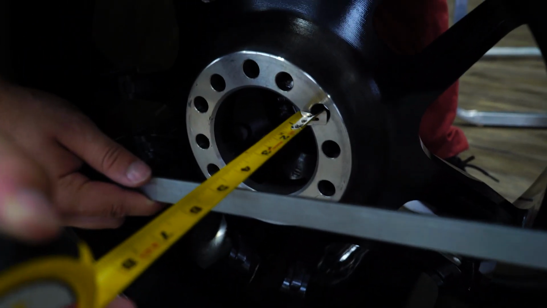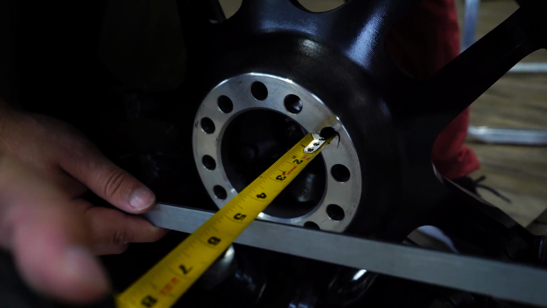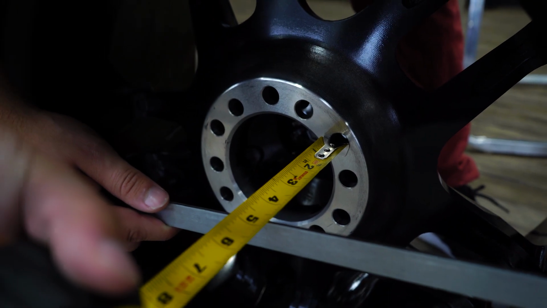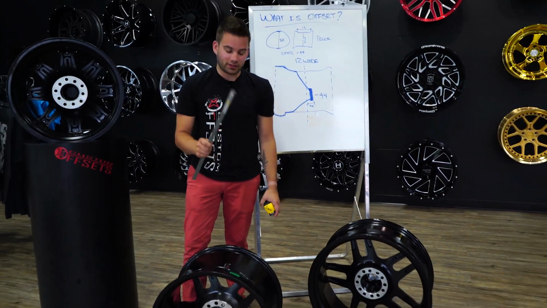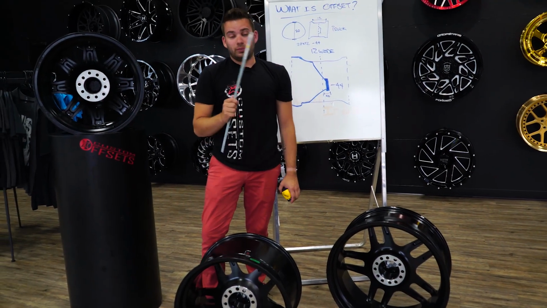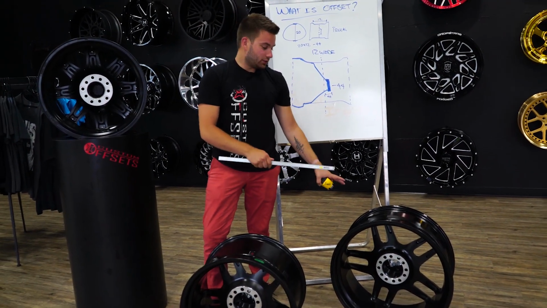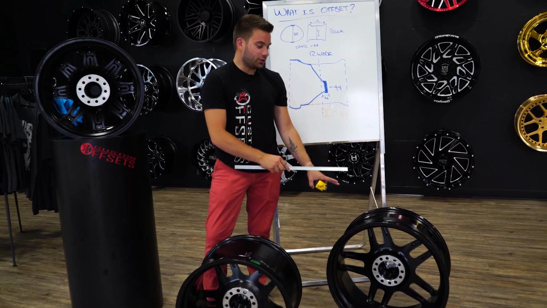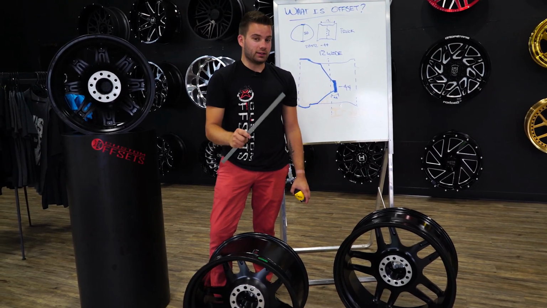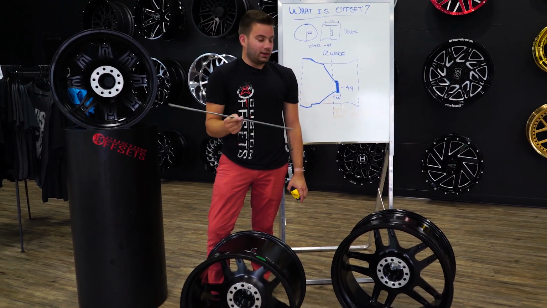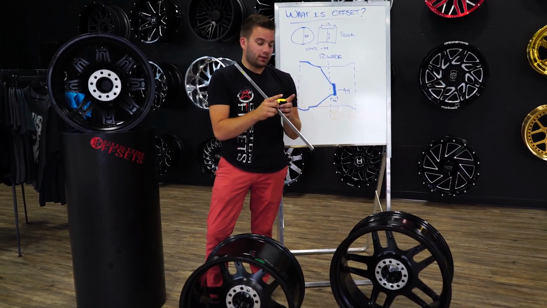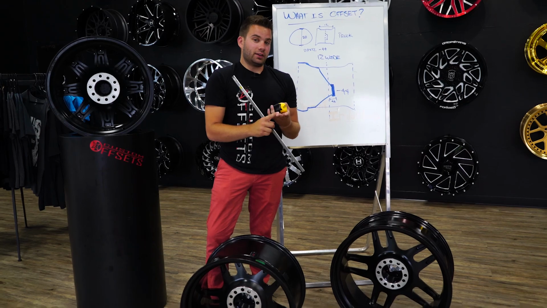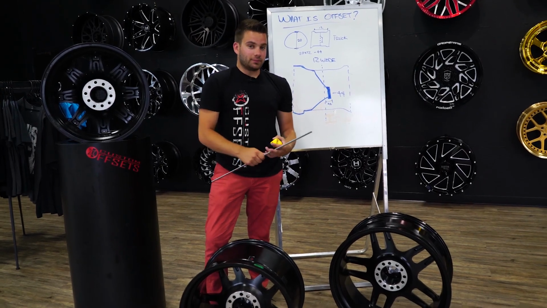And the measurement is basically the same. So you might be thinking, well, that means they have the same offset, but that's not true because they're different widths. The negative 24 might measure out to be the same back spacing, but it won't be the same offset. That's one of those things where you can punch it in the calculator on our website, because you have to factor in the width and the offset to calculate the proper back spacing.